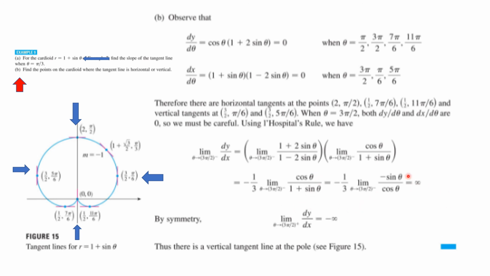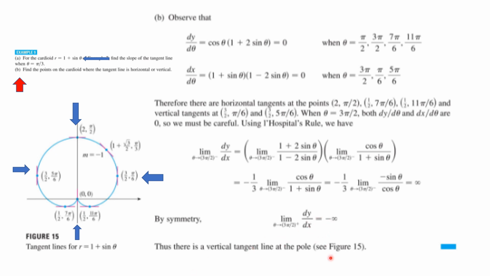So there's the minus 1/3. I take the derivative of the top, getting minus sine theta, the derivative of the bottom, getting cosine theta. I plug that in. This is infinite. Now what that really tells you is that the derivative doesn't exist there, and you can see that that's the cusp in the graph. So this is equal to minus infinity. By symmetry, coming from the other side, it's the same.